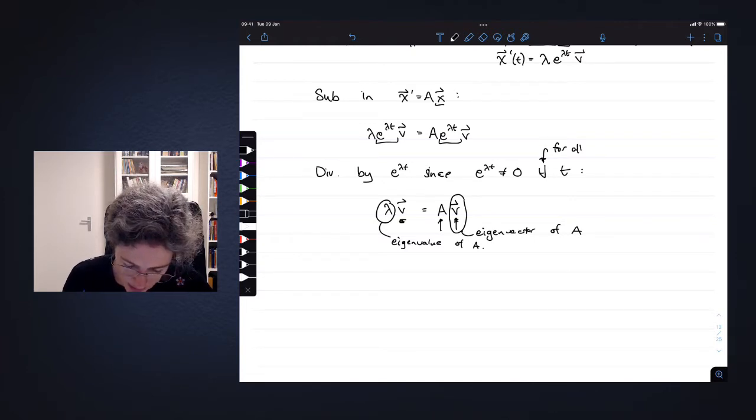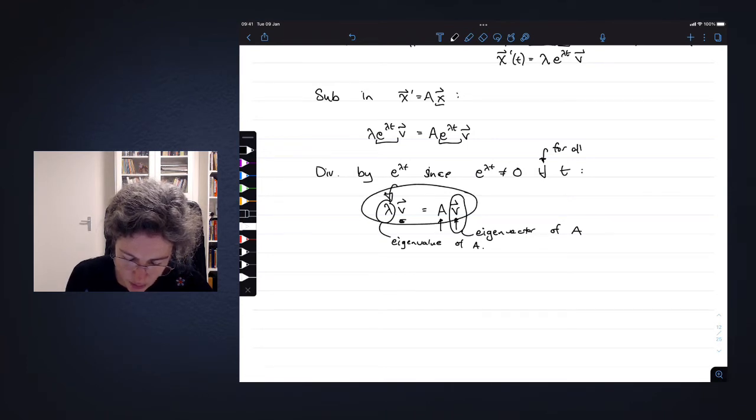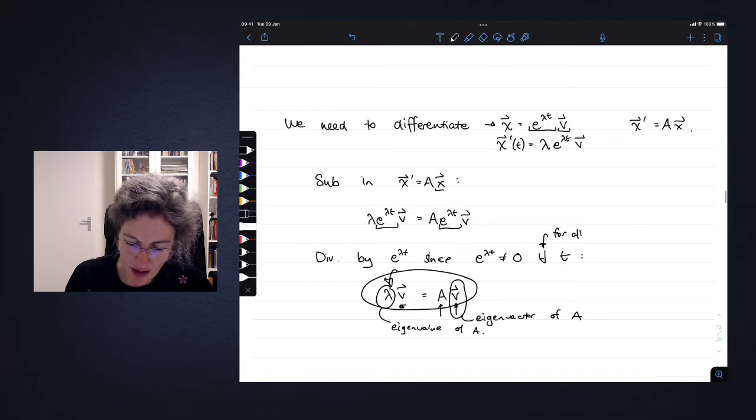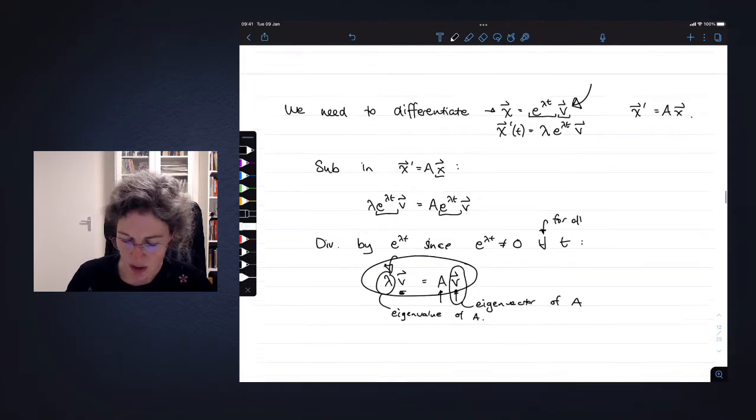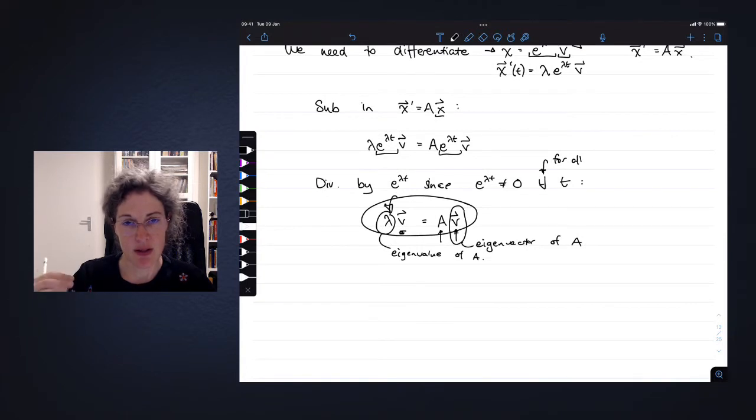So if we can find a lambda which makes this whole thing true, then our solution x for the lambda and the v will be a solution to our system of ODEs. So we're doing the same thing that we did for the single DEs, but now we're doing this for a vector equation, but it's exactly the same idea.